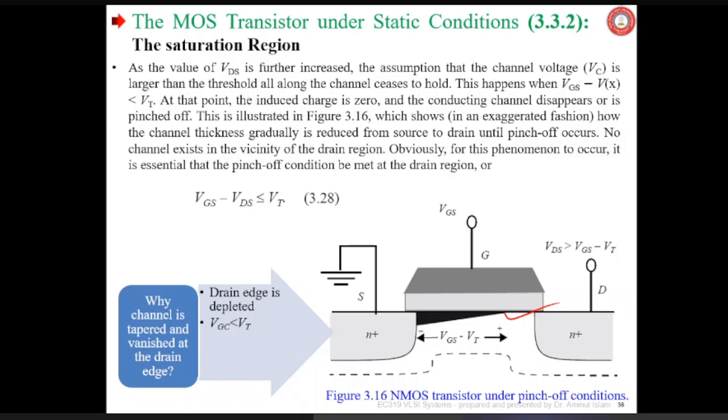Channel voltage plays a role because we have resistance here. It is a semiconducting material. So if 1 volt is there, obviously somewhere you can expect 0.5 volt, 0.2 volt, 0.3 volt, and 0.6, 0.7, 0.8 like that. Everywhere it is not the same.